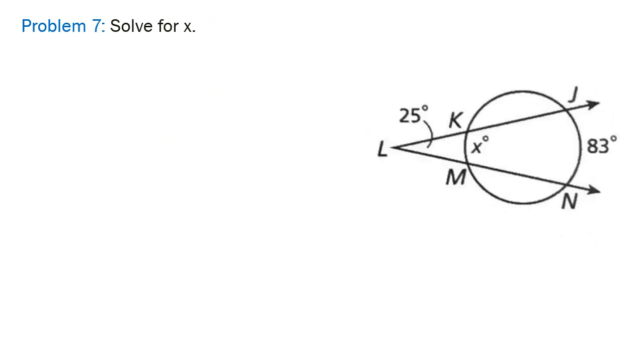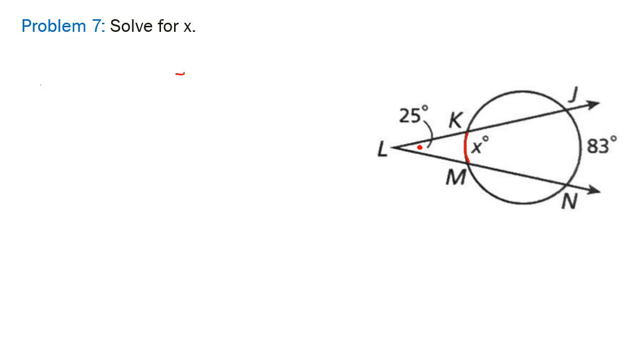Problem 7, solve for x. So it's very similar to the problems we've been doing, but this time, instead of having to find the angle out here, now they want us to find one of the arcs. So we're going to work it like we have in the past, but we're going to fill in what we know and put x where we don't know.